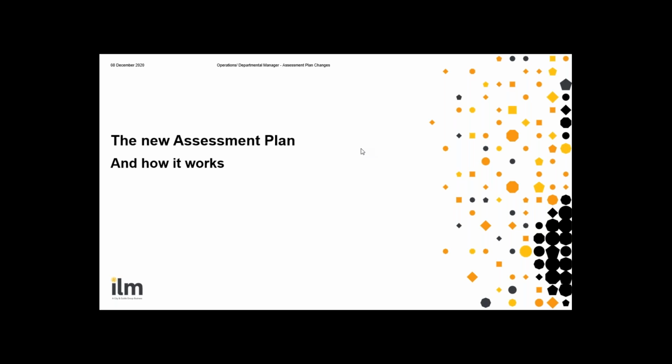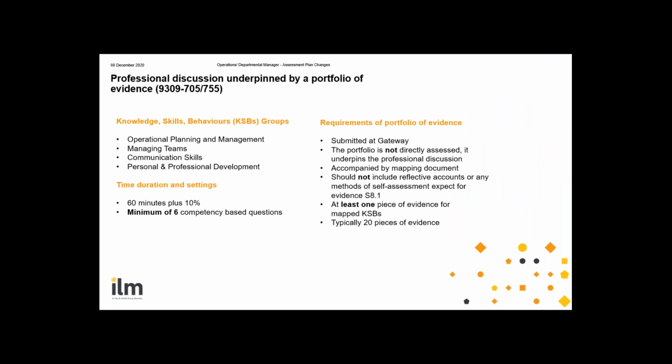So if we can start to look at one of the first assessment methods, we start with the professional discussion, which is underpinned by a portfolio of evidence. The reference number for this component is 9309, 705 for the first sitting, and 755 in case of a resit or retake.